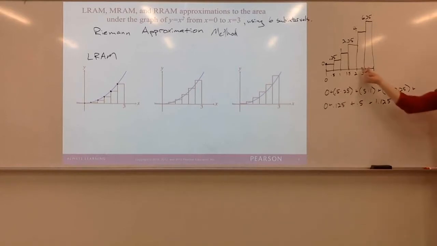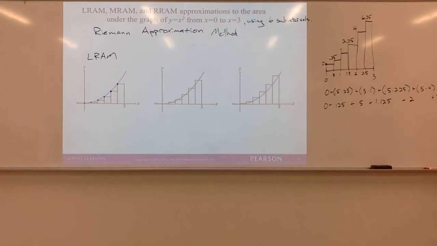Then my next one, 0.5 times 4, which is 2. And then my final rectangle, 0.5 times 6.25. That would get me 3.125.